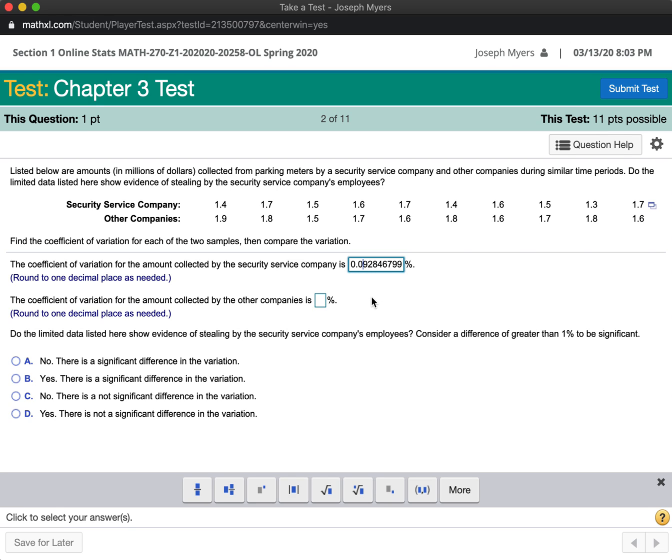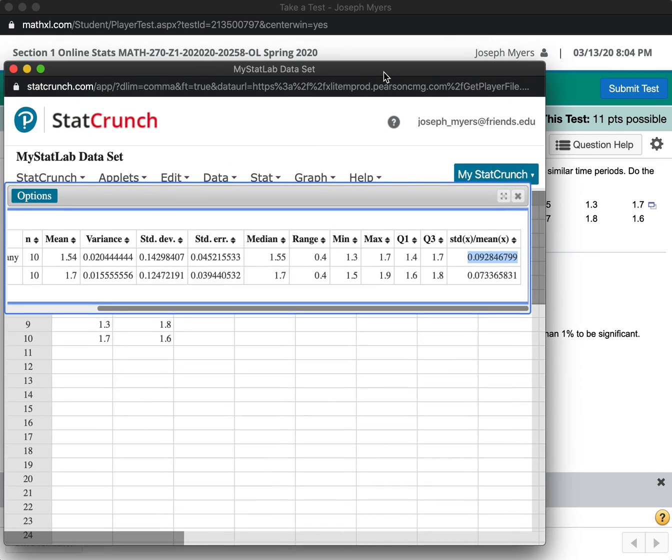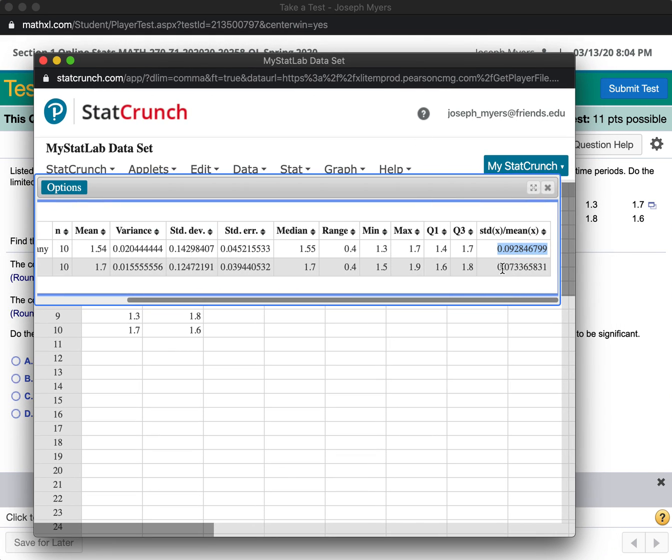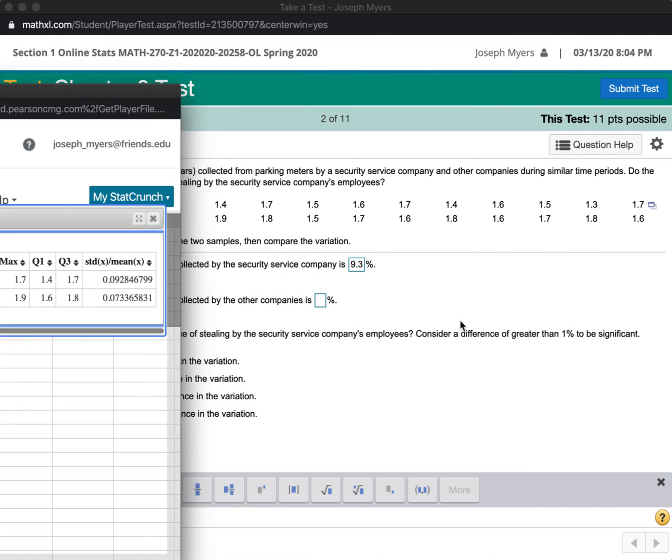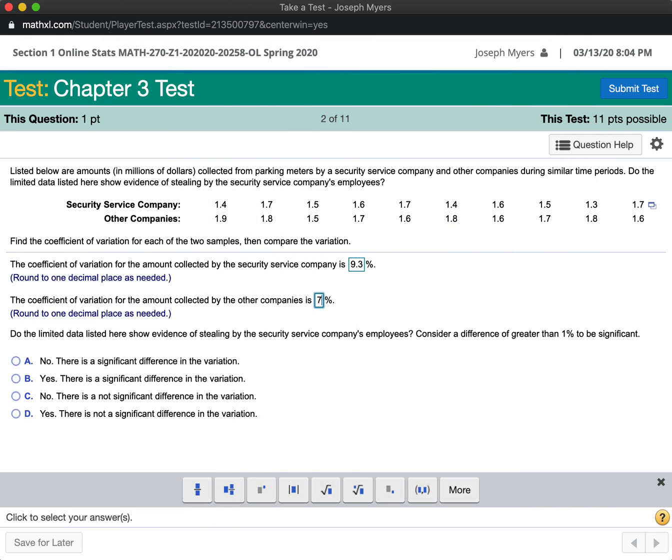So if we move the decimal point over to right there instead of right there, and then take off the leading 0, it's 9.28, which rounds off to 9.3. Then once again for the other companies, that number is 0.073, which would be 7.3%. And so that's that.